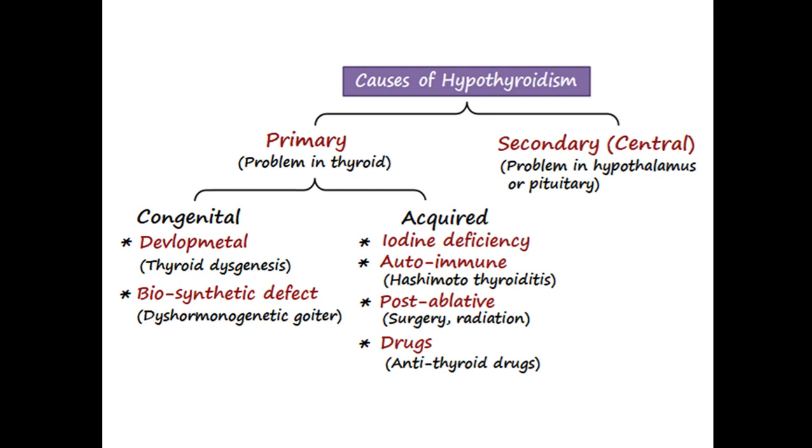The congenital hypothyroidism will occur in the newborn, and it includes some developmental abnormalities during the embryonic life, in which there may be thyroid dysgenesis, failure of the development of the thyroid gland, or the gland may be normal, but there may be some genetic defect in the hormones and in the enzymes that control thyroid hormone synthesis.